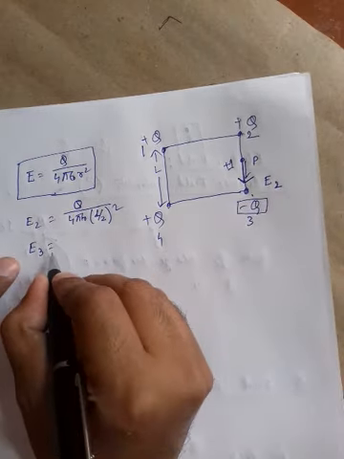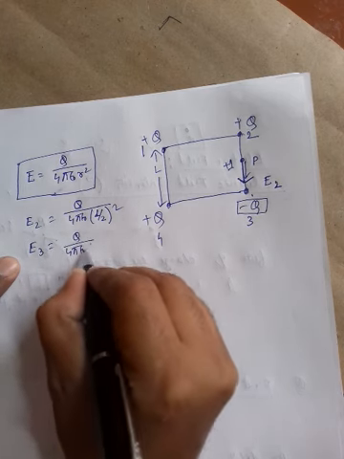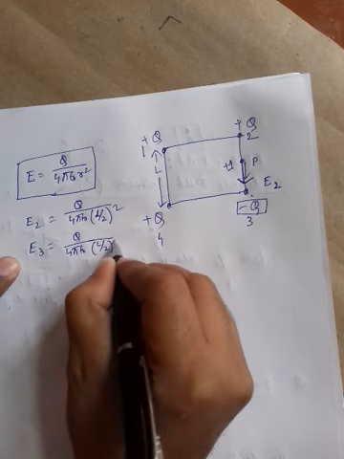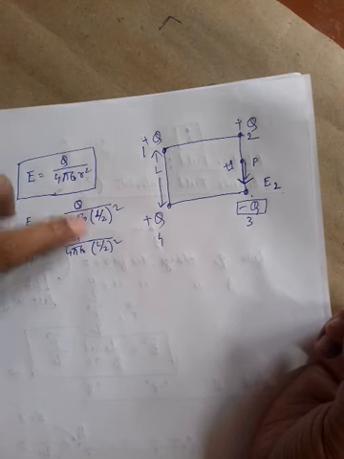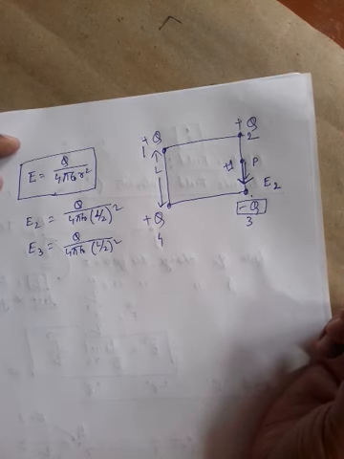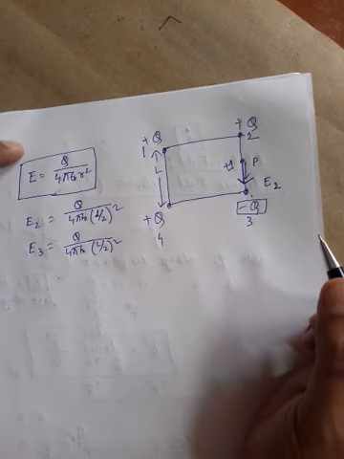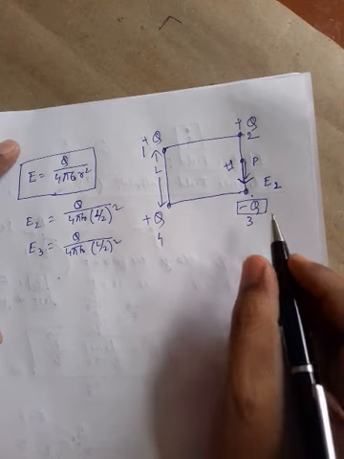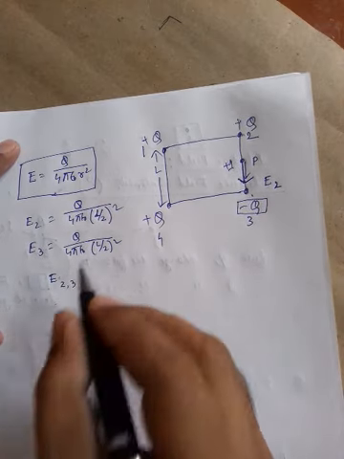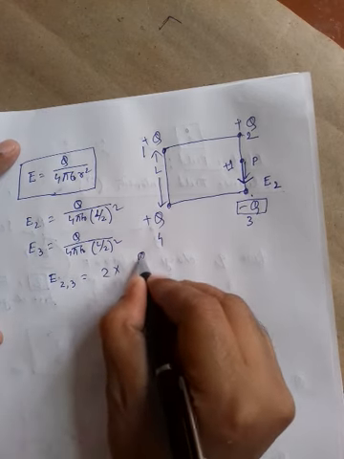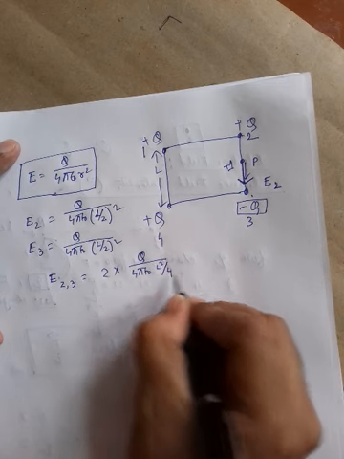So E because of the third charge is also of the same value, Q by 4 pi epsilon naught (L by 2) square. Be careful, the direction is considered, their values are the same. That is why only the value is written, plus minus no need to write. Like force, plus minus is to be used in the direction, not in the value. So these two are in the same side. So the total electric field because of these two, meaning 2 and 3 together, is their sum, meaning 2 into Q by 4 pi epsilon naught L square by 4.